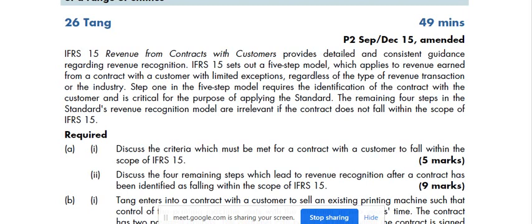So you get a proportion of the standalone cost. Using that proportion, that's how you allocate the costs to the deliverables within that contract.